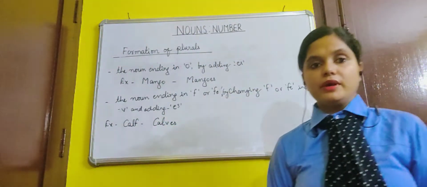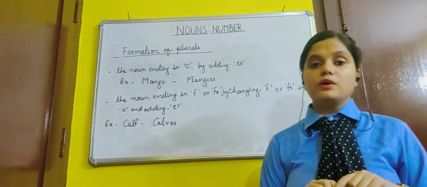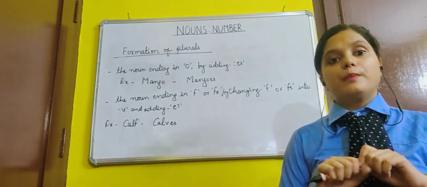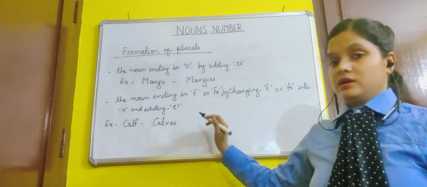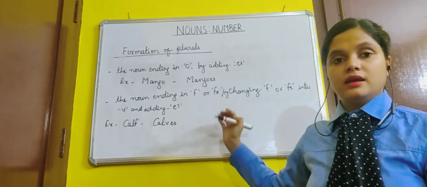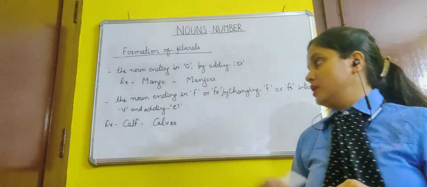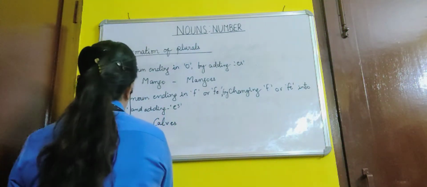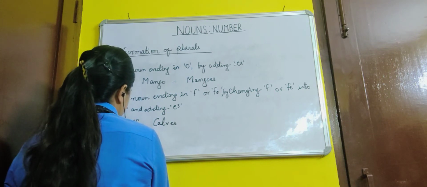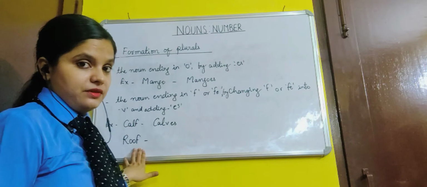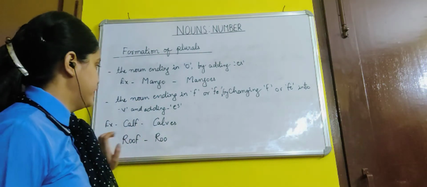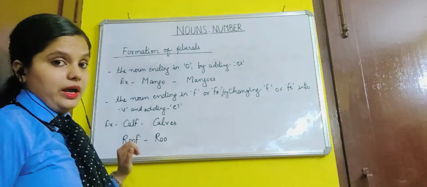But as I told you, exceptions are everywhere. There are a few words that end with f, but we will not make the plural form of that word by applying this rule. Suppose there is a word roof. So this word also ends in f, but we will not make the plural of it by changing f into v and adding es.